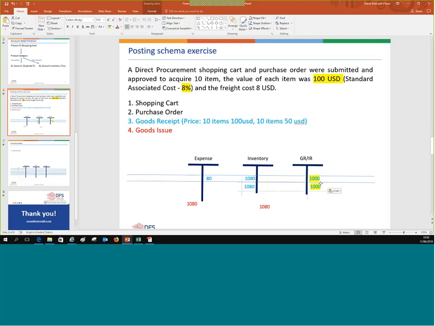Okay. So we will have as a credit $500. And now as a debit here, instead of 1,000, because this is much cheaper, we have 54, if I'm not wrong.